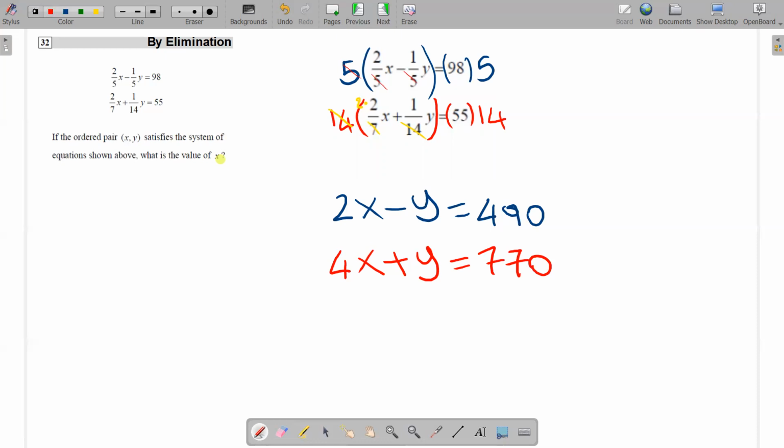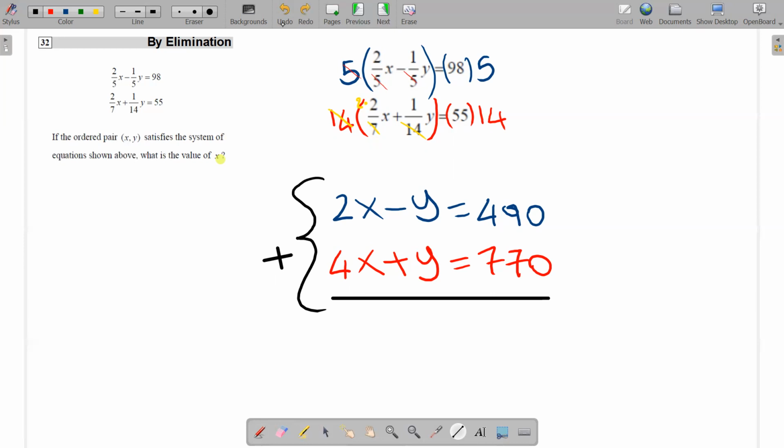So now I have my two equations in standard form, but without the fractions. Since I'm using the elimination method, this allows me either to add or subtract the two equations together. In this case, I will choose to add them because my main goal since the very beginning was to eliminate one variable.